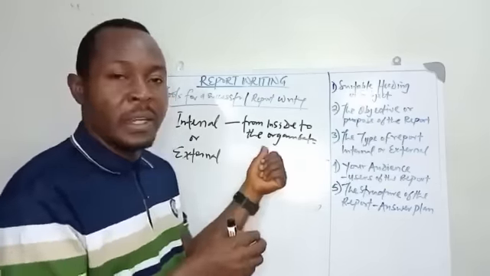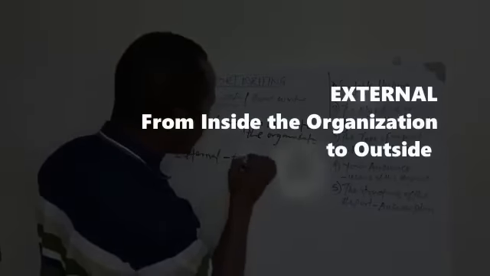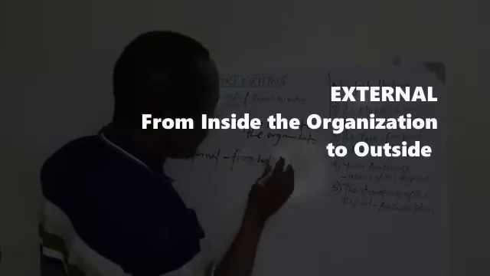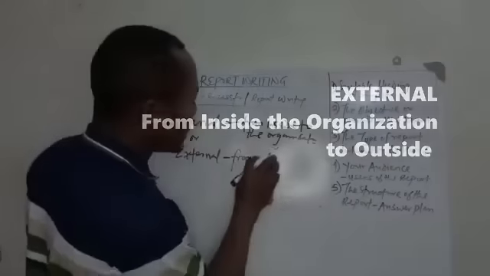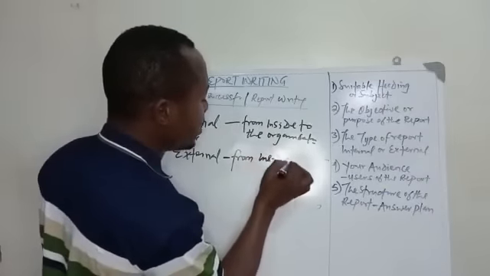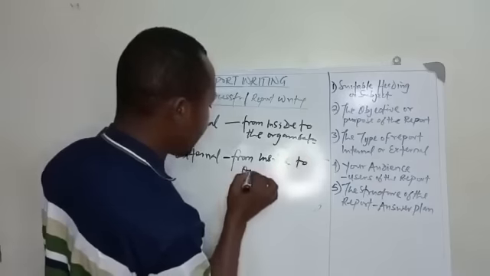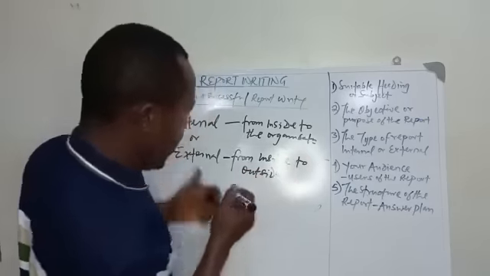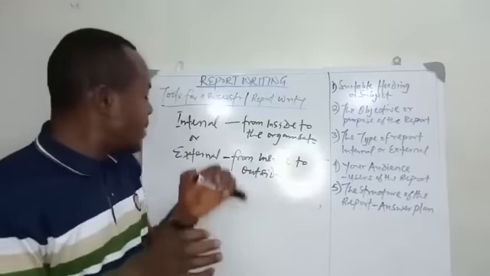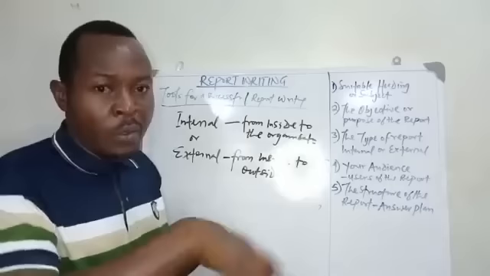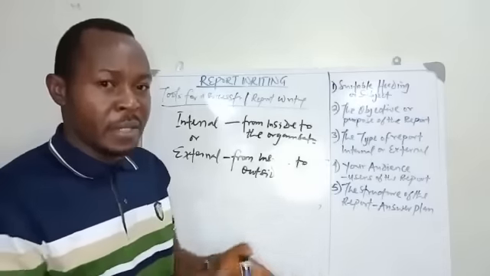Internal report. And when a report is external, it is moving from inside your organization to outside. The users of external reports are not usually within where the report is being generated.